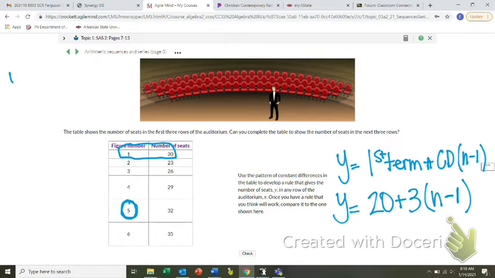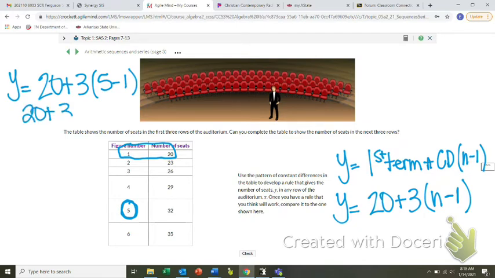So, y equals 20 plus 3 times 5 minus 1. 20 plus 3 times 4. 20 plus 12 is 32. Does that match? Yes. That is why that works.